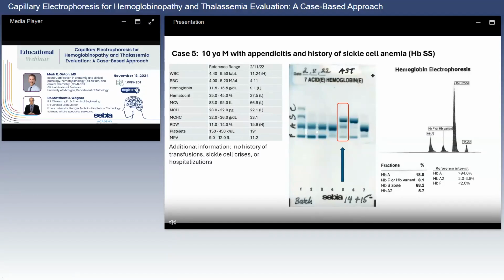Additionally, this patient has no history in his fairly short but significant 10-year lifetime, no significant history of transfusions, sickle cell crises, or hospitalizations. This is an interesting history for a patient with hemoglobin SS. It's quite unusual to live through 10 years of life without a single transfusion, any sort of sequelae from sickle cell crises, and no hospitalizations.